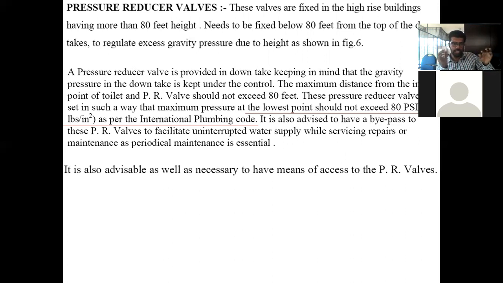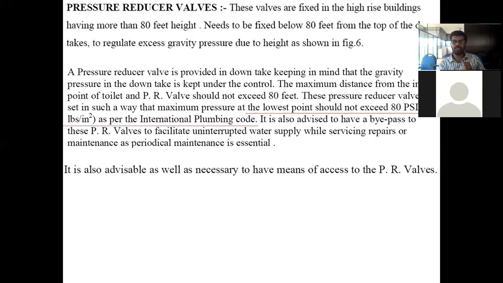So from the end point of your fixture, it can be a tap or whatever it might be, to the pressure reducer valve, the distance should be maximum 80 feet. It can be less than 80 feet, it should be maximum 80 feet. If it goes beyond 80 feet, what happens if you put the pressure reducer valve, still 80 feet length is there, again the pressure will increase because of the height. That's why it should not exceed 80 feet.